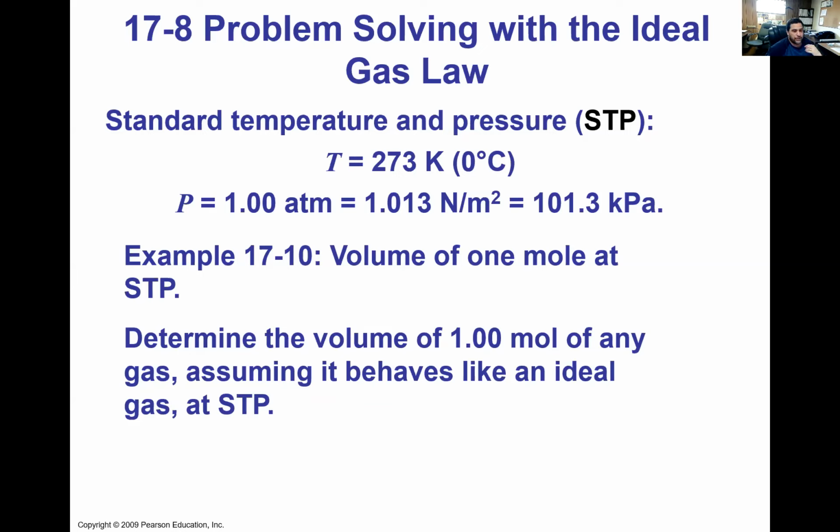They want us to determine the volume of 1 mole of any gas, assuming that it behaves like an ideal gas at STP, which is standard temperature and pressure. Let's go to a whiteboard and run through this quick.